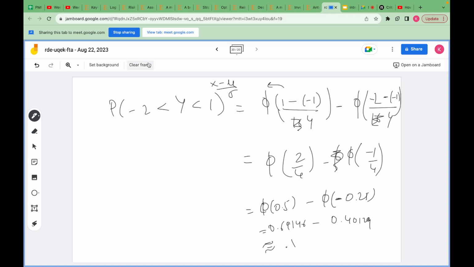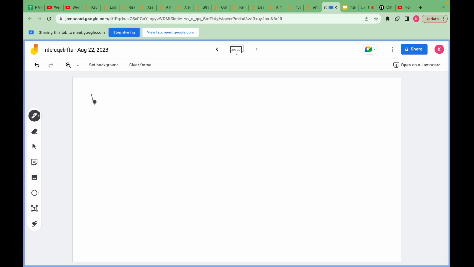Now in the next part, we are asked the probability that x is greater than 2 given that y is less than 1. We can convert this y less than 1 into x.